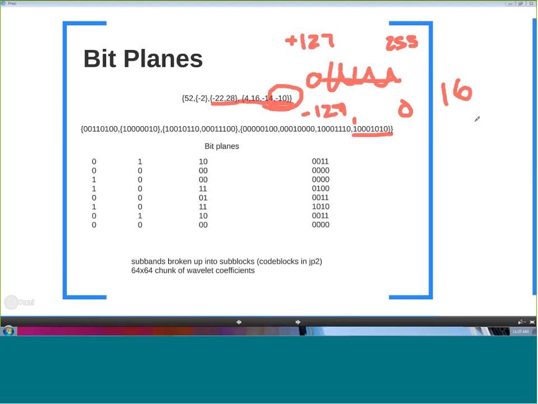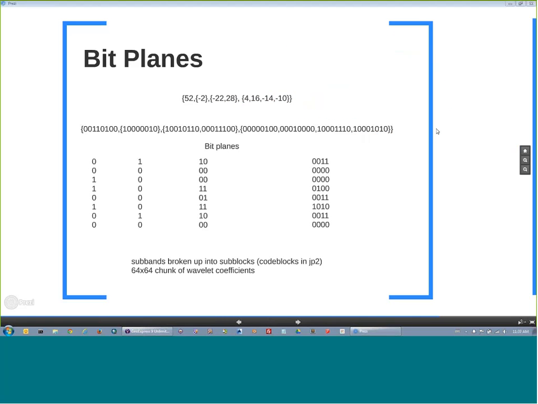Hopefully that makes sense. This is the way we think of the numbers. In actuality, the machine stores them somewhat differently. Not using this bit, it kind of does an inverse storage of the numbers there. Hopefully that answers your question. If not, we can go into an email or talk about it later.